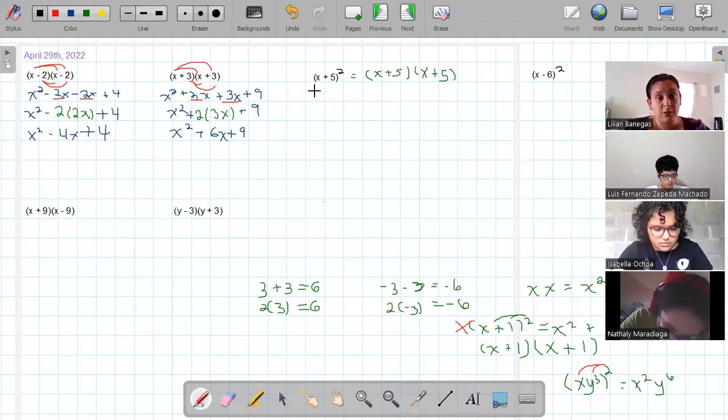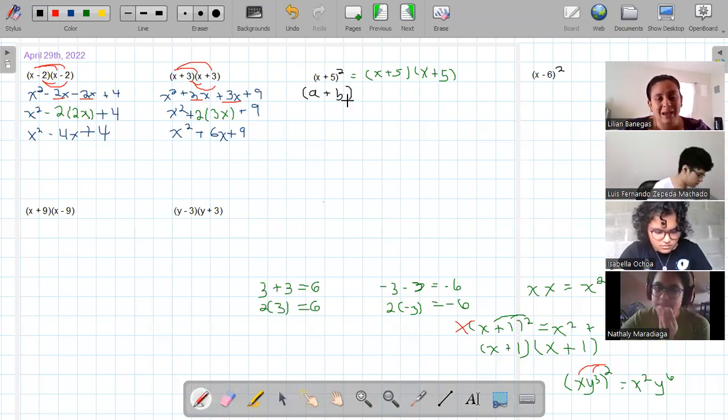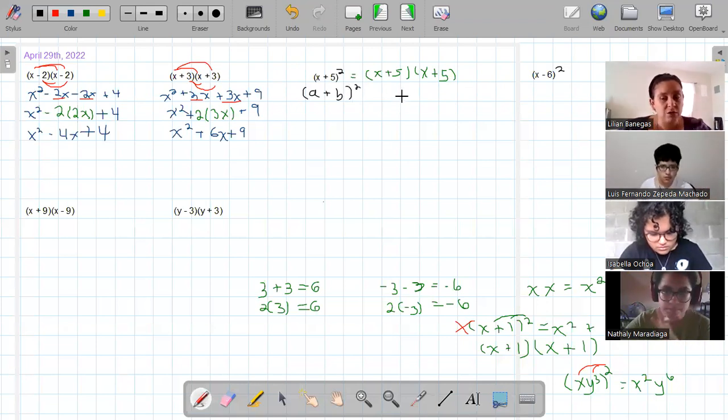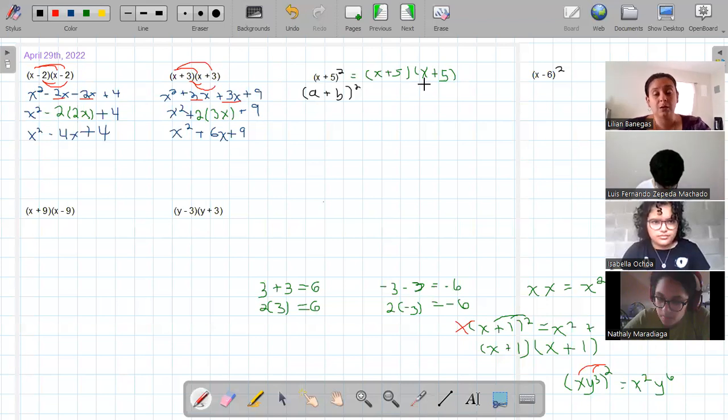We have two formulas. And the formula says that if you have a term, which we're just gonna call A, but A can stand for anything, for any monomial, plus B, which also can stand for any monomial. Okay, remember the definition of monomial? Any real number, any variable, or the product between a variable with a whole number exponent and a real number, okay? So A and B are monomials.